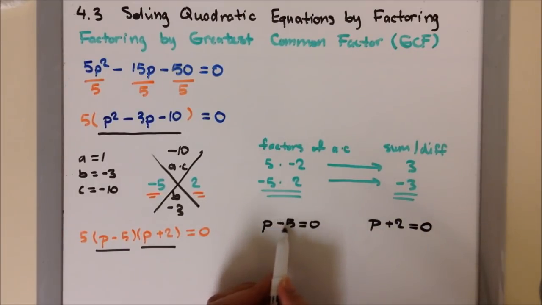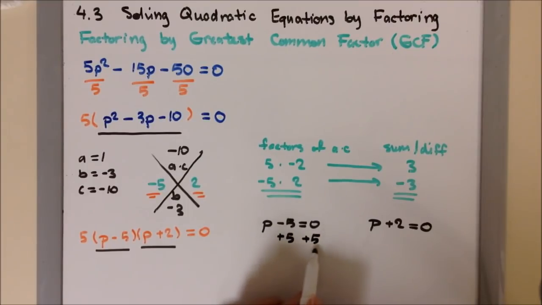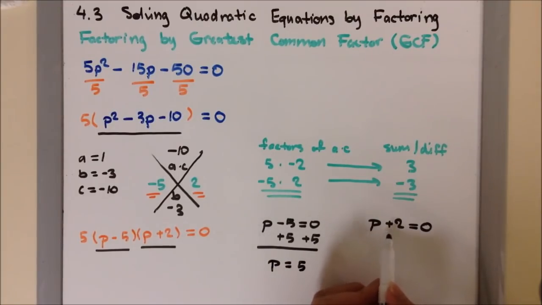So the first one, p minus 5, I'm going to add 5 on the left, add 5 on the right. So p equals positive 5. This one, I'm going to subtract 2 on the left, subtract 2 on the right. So p equals negative 2.